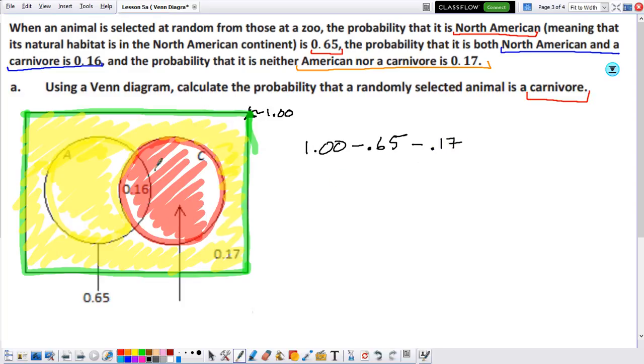We get just the red circle, which is exactly what we want. So all we've got to do is just find out what this value is, which is equal to 0.18. So we know that here the inside of red is just 0.18.